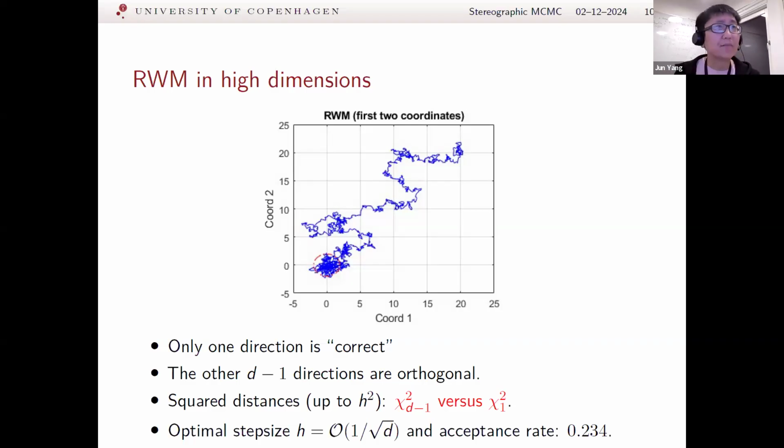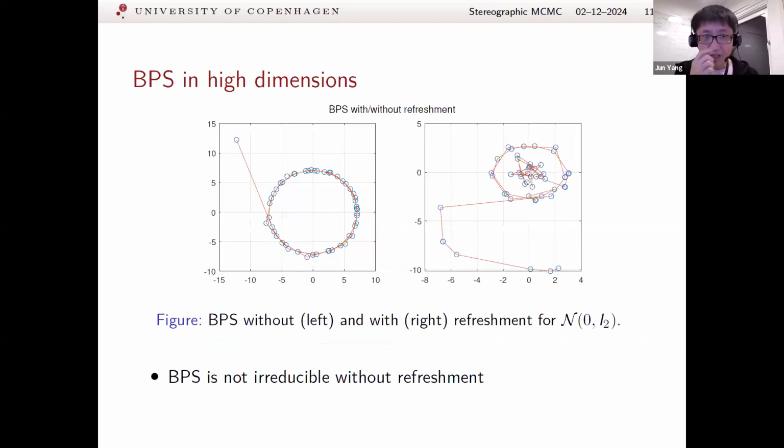So let's look at the Bouncy Particle Sampler. As I said, with the bouncy particle sampler you have to rely on these refreshment events in order to explore some space. For example, for this Gaussian, you want to go inside. In the picture on the right-hand side, you can see the particle has a reflection event here, so it moves inside.